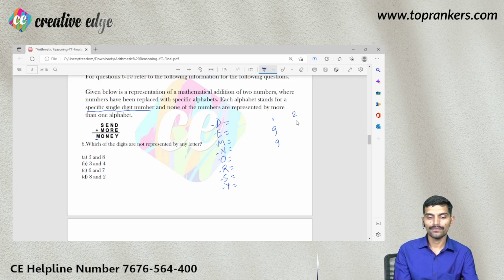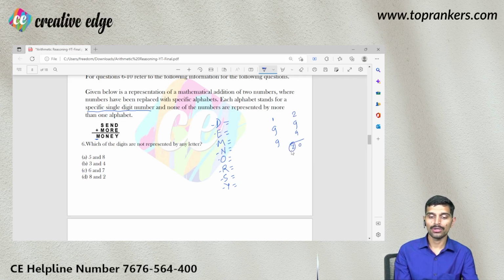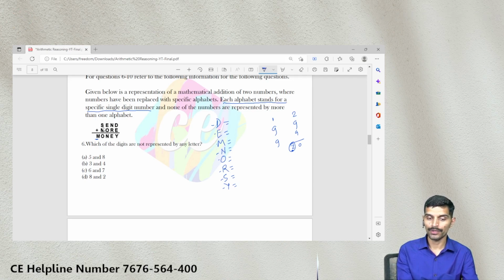Let's see, if that carry was 2, then this should be 9 plus 9, 18 plus 2, 20. So M could have value 2 as well. But that cannot be possible. Why? Because each alphabet stands for a specific single digit, and we have two different alphabets.